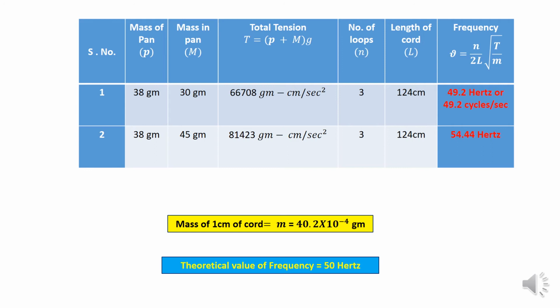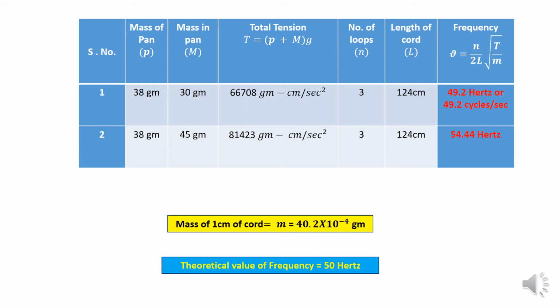The theoretical value of frequency is 50 hertz, and this is very near to that. Second, the mass of the pan is the same, but the mass in the pan we can change. Like 45 you have tried, you may try 50 also, you may try 55 also. It is up to you how much weight you put in this pan, so that the thread is not broken.